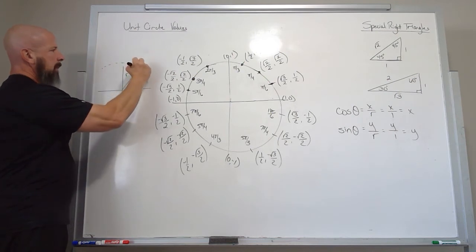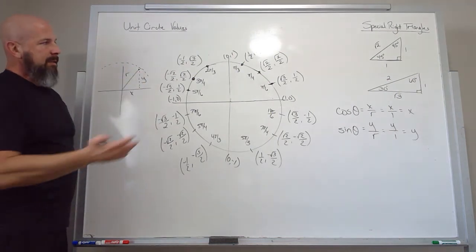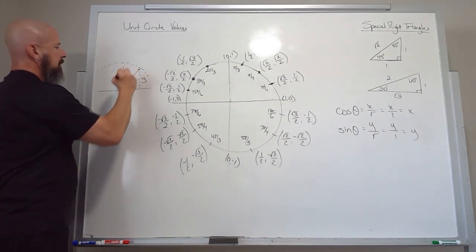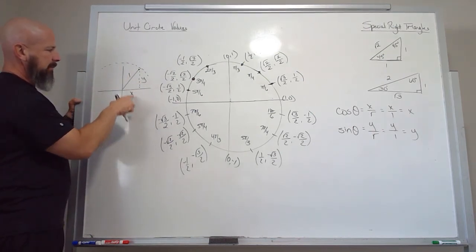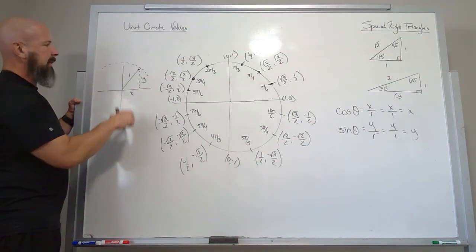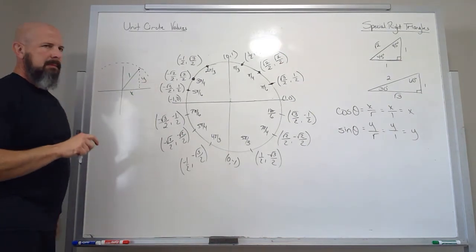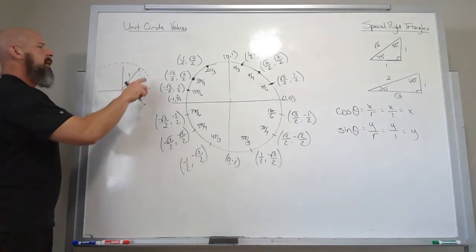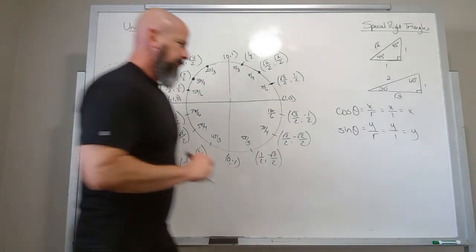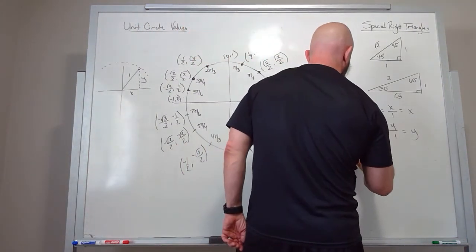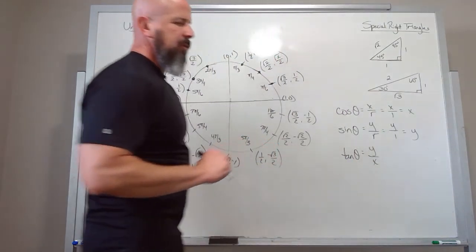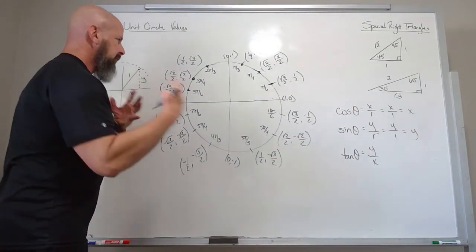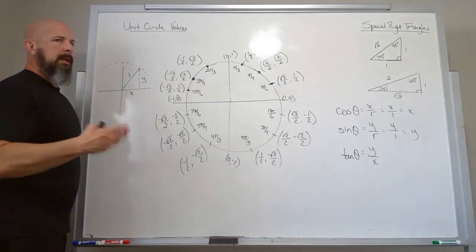But if my radius in this case is 1, that's going to make cosine adjacent over hypotenuse, x over 1, sine, y over 1, opposite over hypotenuse. Tangent then would be that y over x.